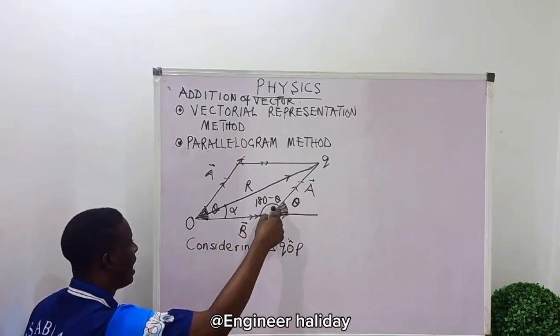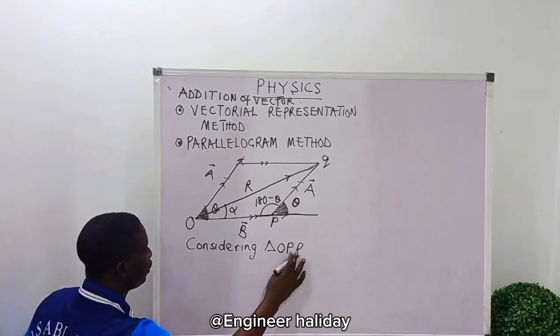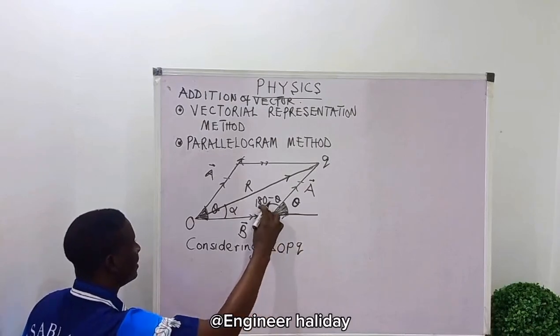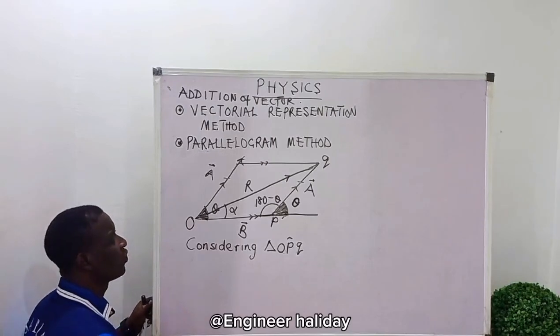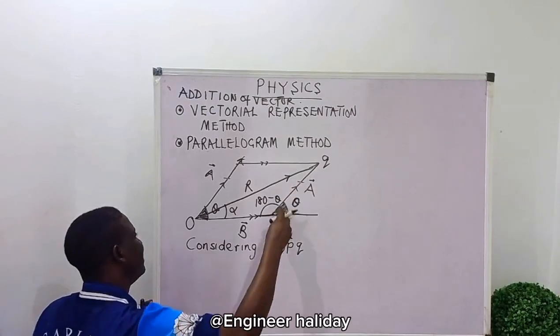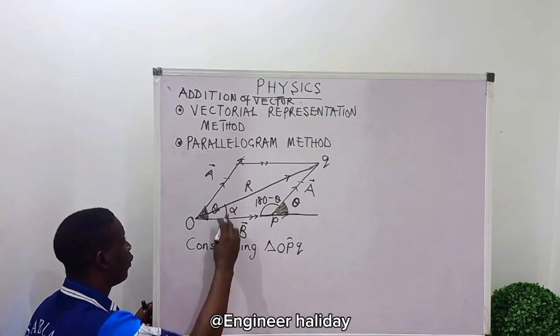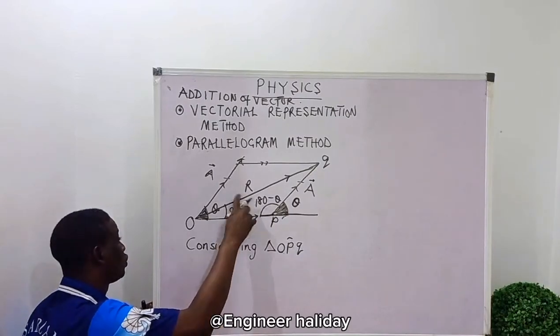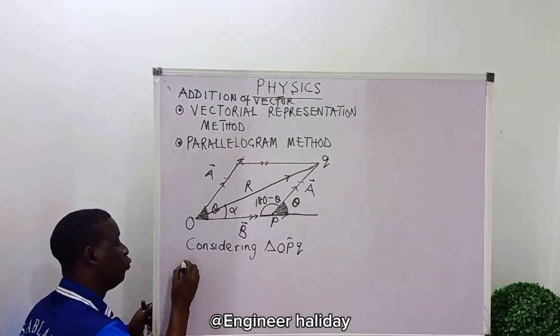Let's take this one as our main angle that we are considering. That triangle has two sides and one included angle. For you to find the resultant of such, the side facing that included angle, we use the cosine rule.